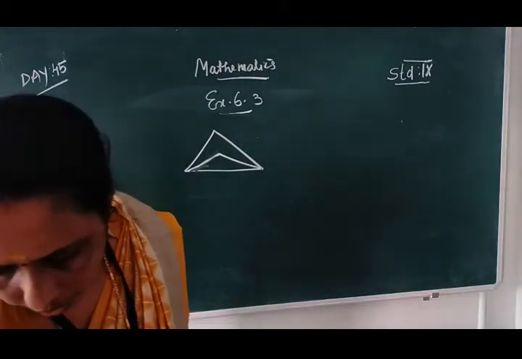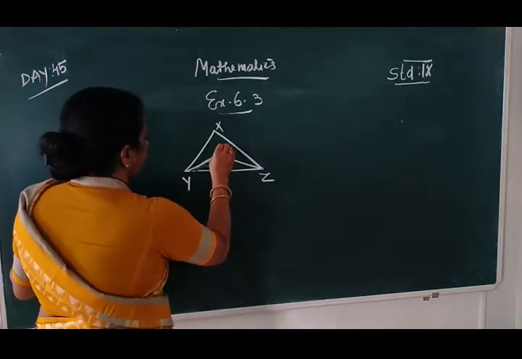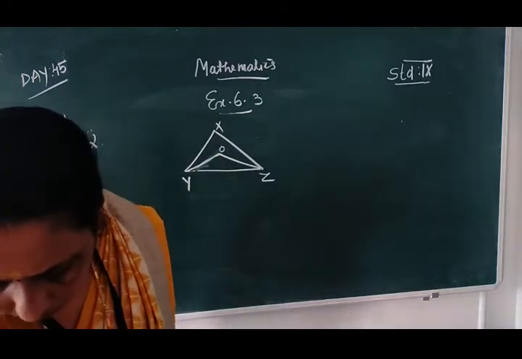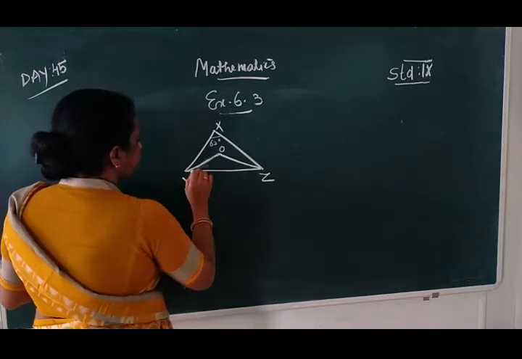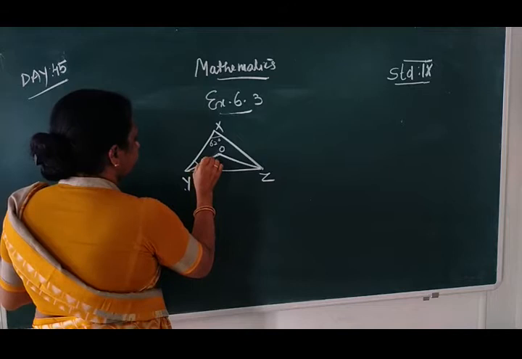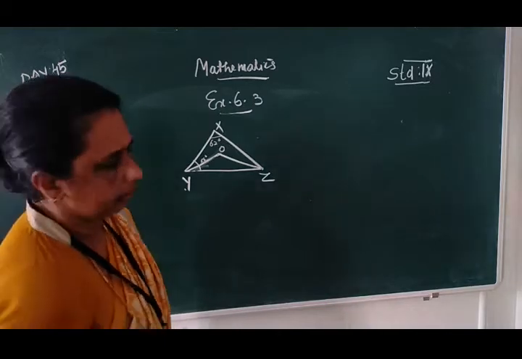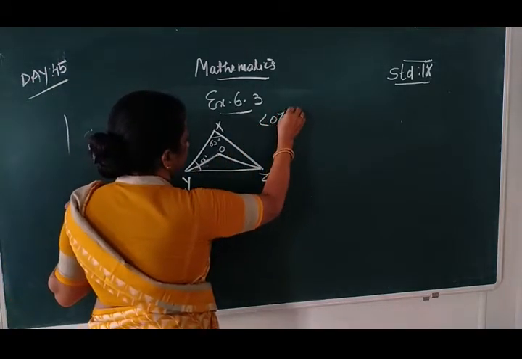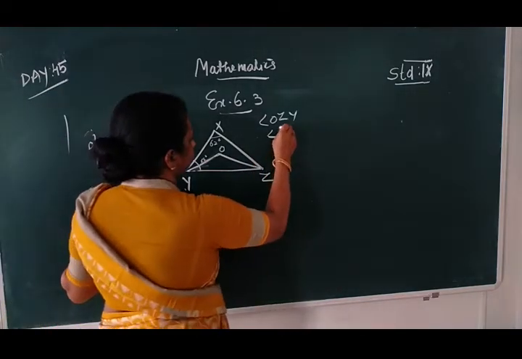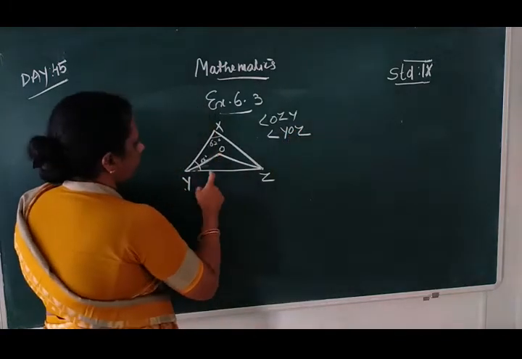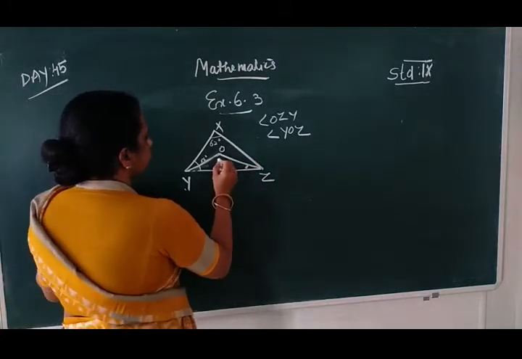Triangle XYZ, angle X is equal to 62 degrees, angle XYZ is equal to 54 degrees, and we want to find angle OZY and angle YOZ.